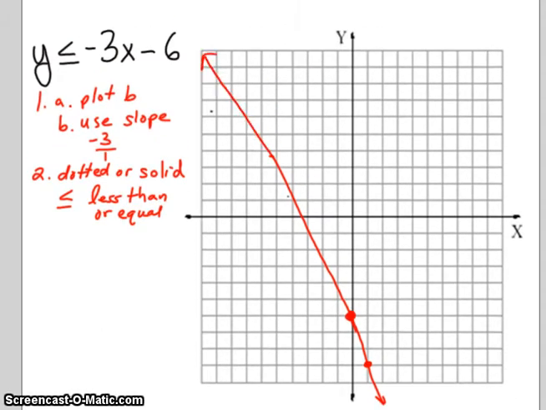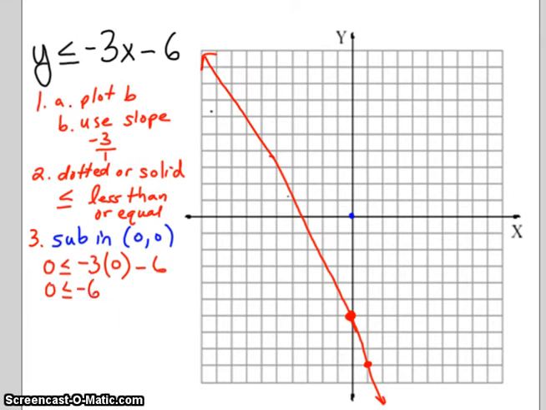Okay. Third step, sub in any point that's not on our line. Well, I said that 0, 0 is the best. 0, 0 is not on our line. Okay, so we're going to sub in 0, 0 into our inequality. 0 is less than or equal to -3 times 0 minus 6. 0 is less than or equal to -6.